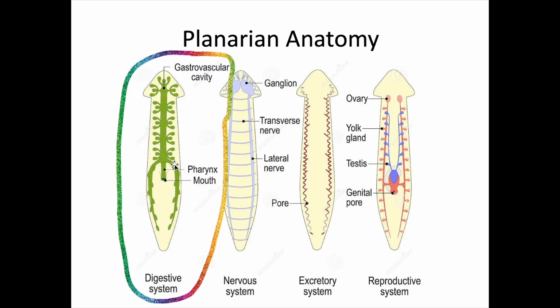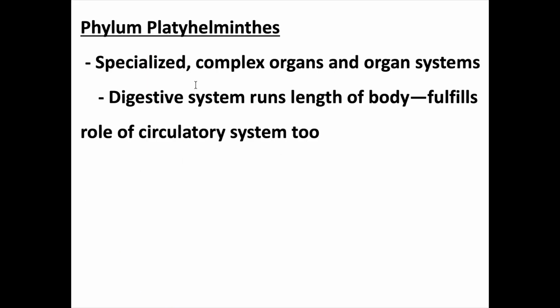It's throughout the entire body. So you don't need a special separate circulatory system because your gastrovascular cavity as a flatworm kind of fulfills that function. So digestive system runs length of body, and I'm using this phrase, it fulfills the role of a circulatory system too.